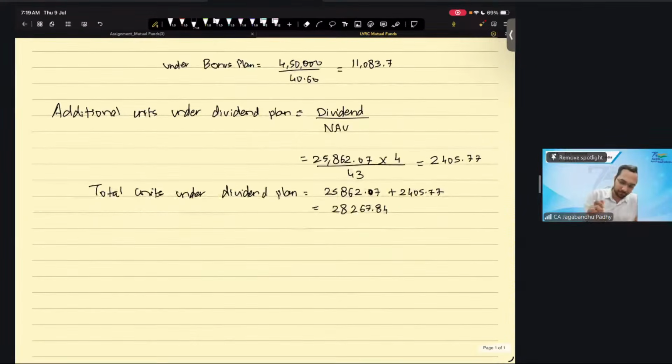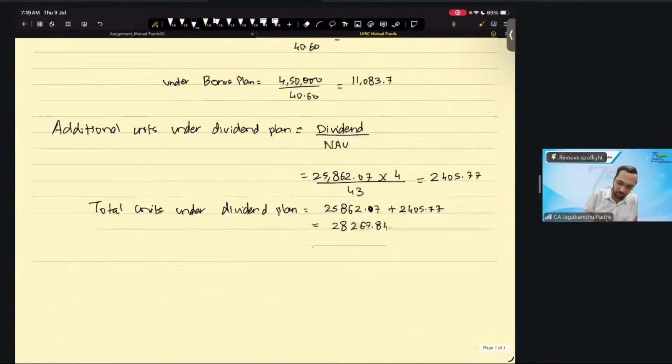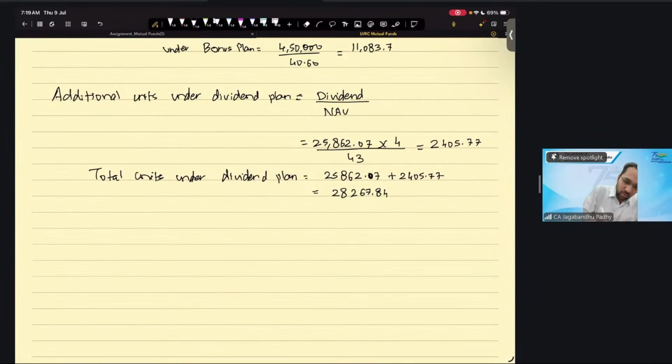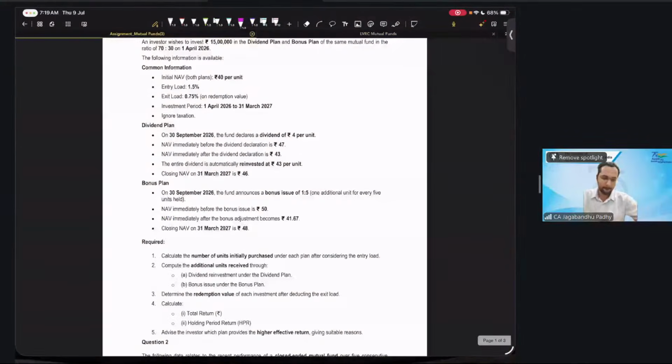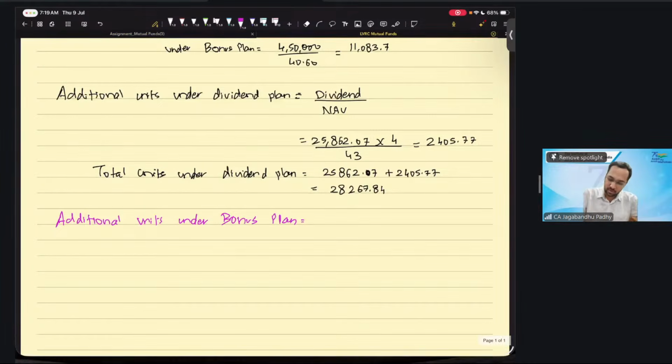Same way, can you tell me the additional units under the bonus plan? In the bonus plan, the bonus is in the ratio of one additional security for every five securities.